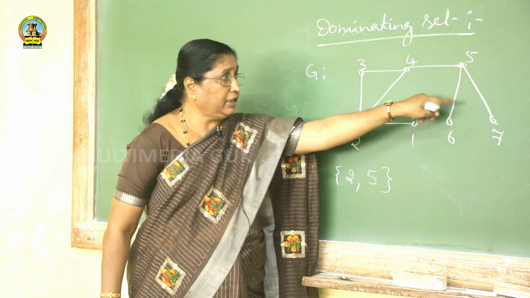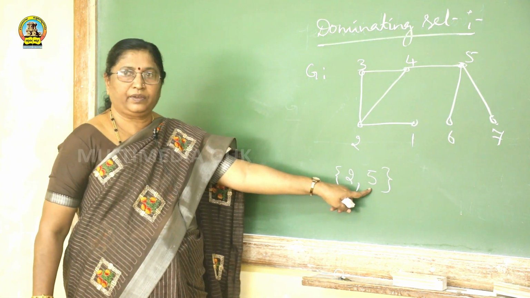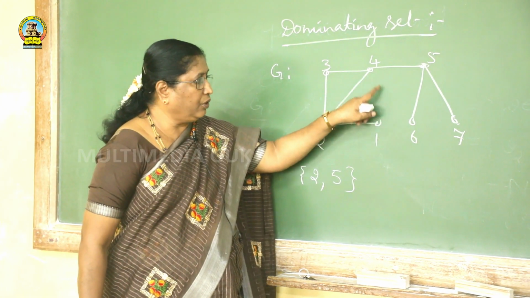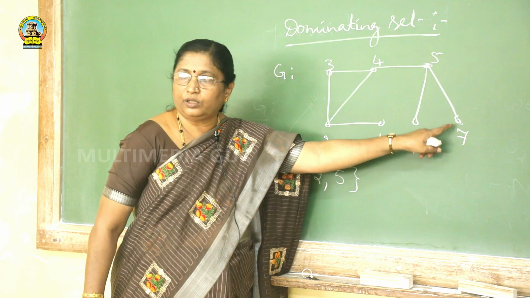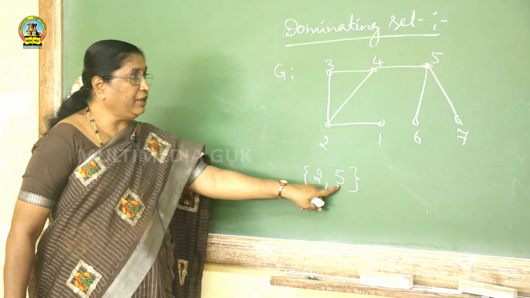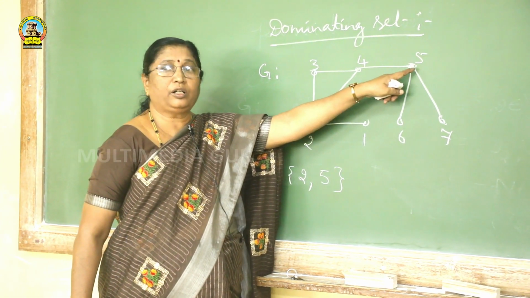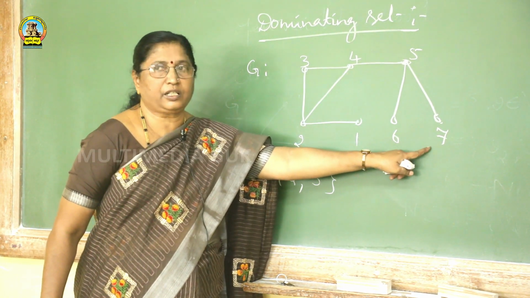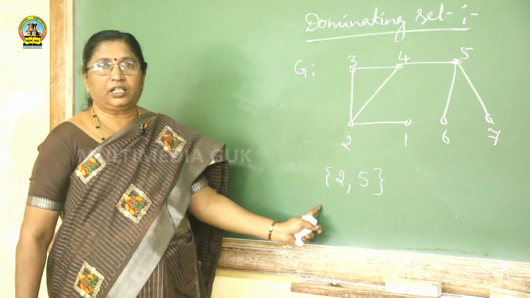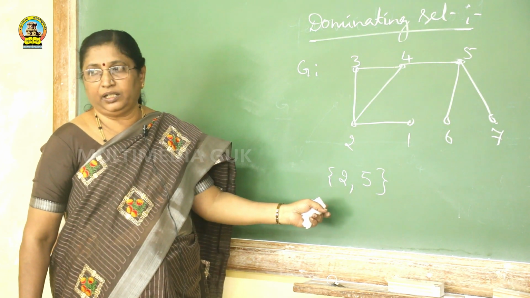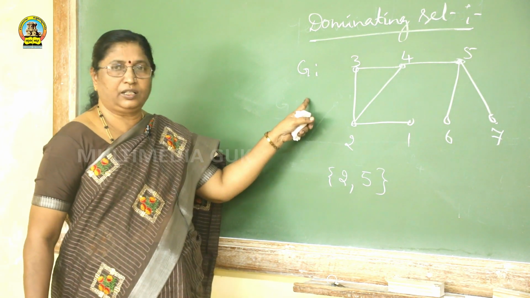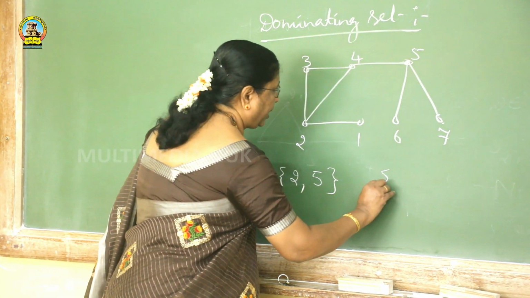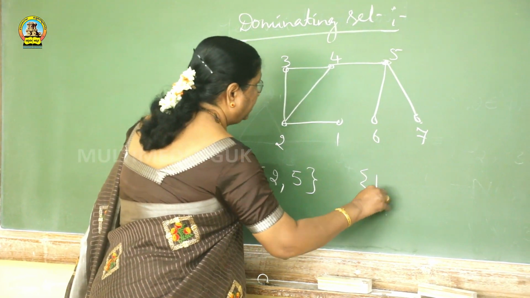The other vertex 5 is adjacent to 4, 6 and 7, so 5 is also dominating the remaining vertices 4, 6 and 7. Now we can call this one dominating set. Similarly, we can also have one, suppose if you take up 1, right?